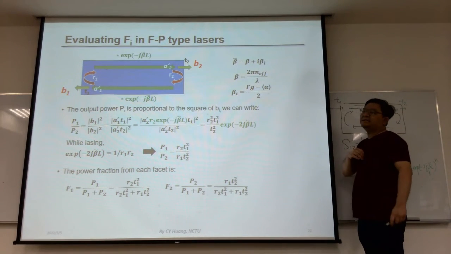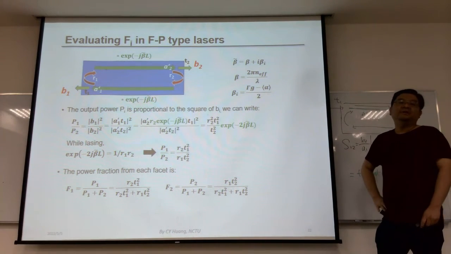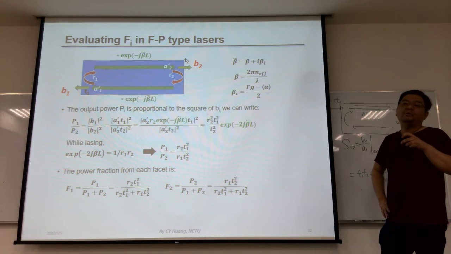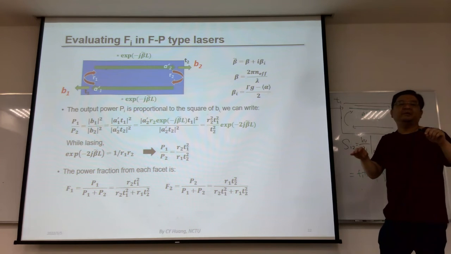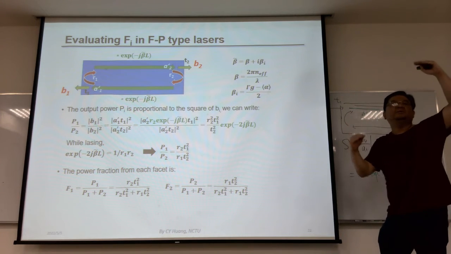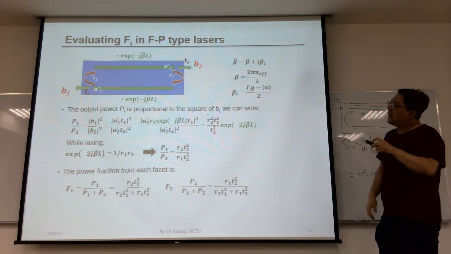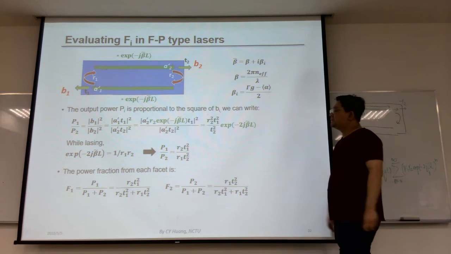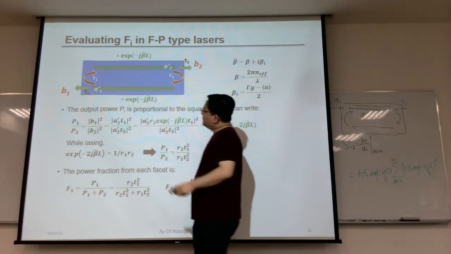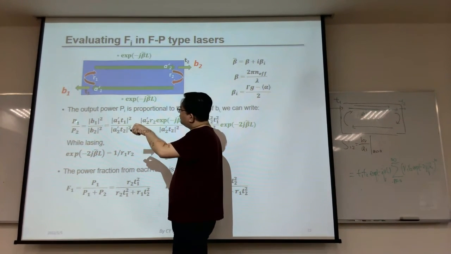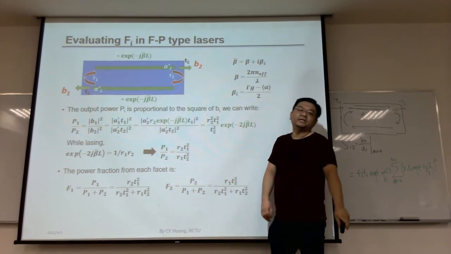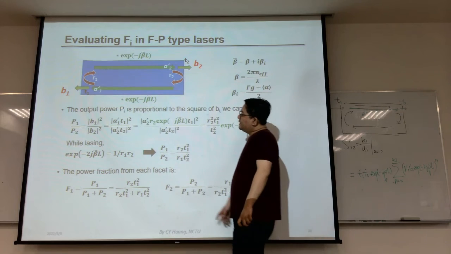Okay, so let's answer a question of the lecture here. If the reflectivity of mirror 1 and 2 is not equal, and also not a special number, like the same, or one is 1 and the other is half, how much power should be distributed from both facets? So the output power from facet 1 we call P1, and the output power from facet 2 we call P2.